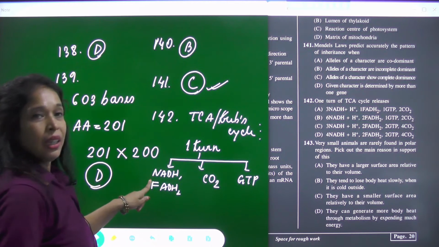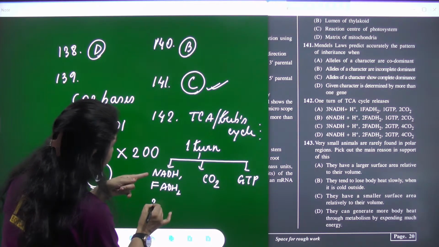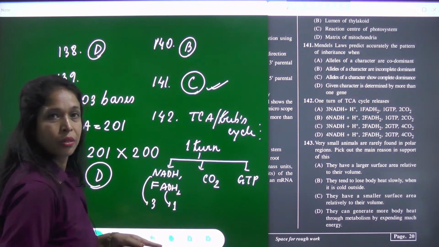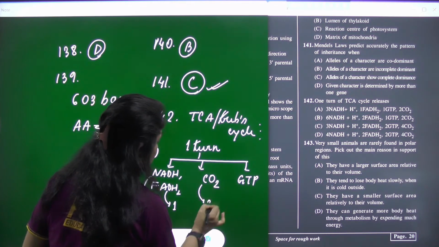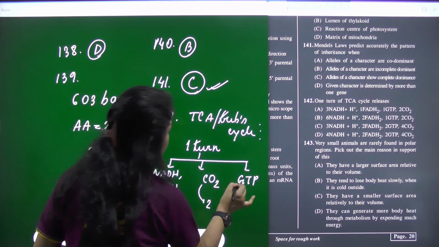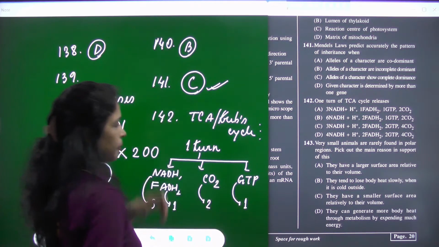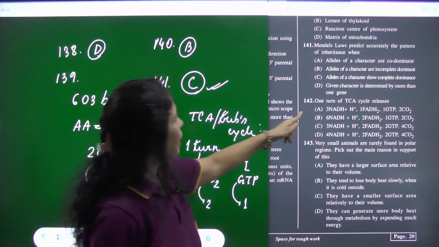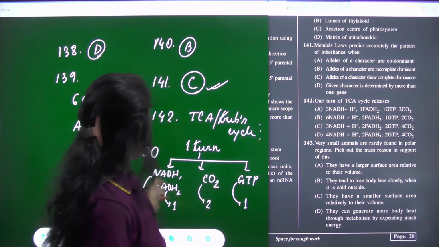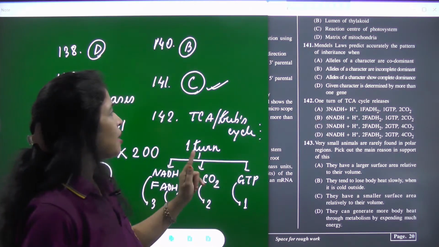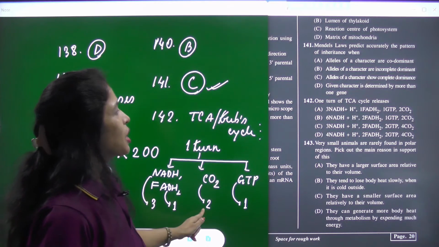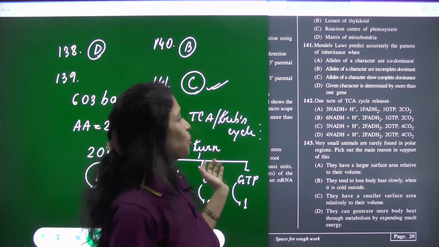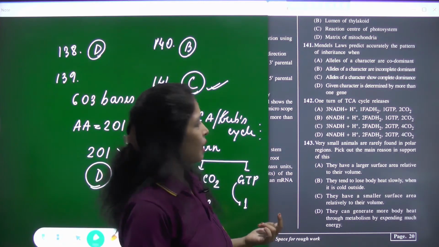So in each turn there will be formation of 3 molecules of NADH, 1 molecule of FADH2, 2 molecules of CO2, and for 1 turn 1 molecule of GTP. Fine, for each turn. So what will be the answer? This is A. 3 NADH, 1 FADH2, okay, 1 GTP and 2 molecules of carbon dioxide for one turn. For two turns simply the number will be double.